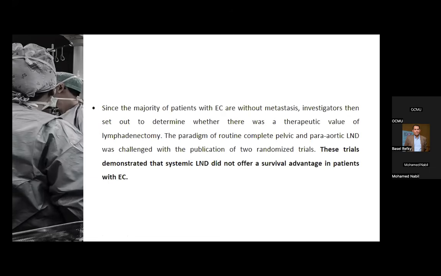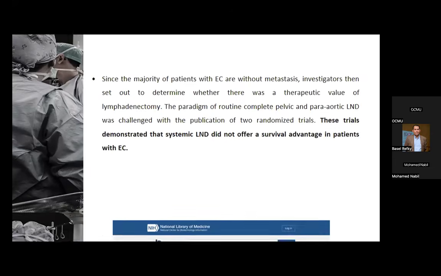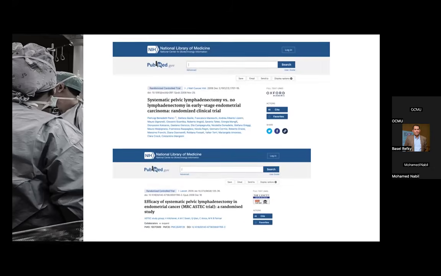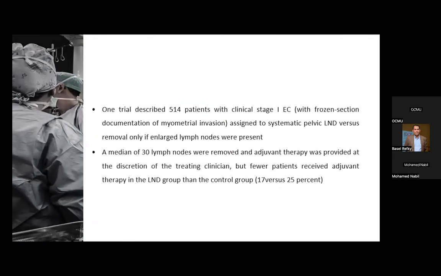So they began to change the paradigm again, from routine complete pelvic and para-aortic lymph node dissection to a much more limited or selective lymph nodal dissection. A number of trials emerged, like this trial and the ASTEC trial.